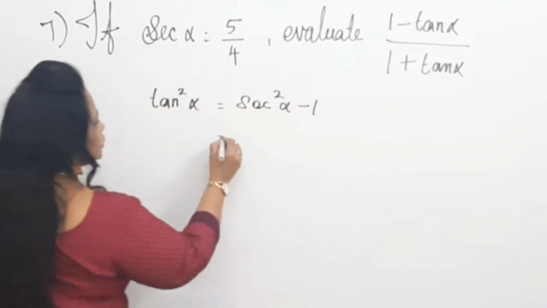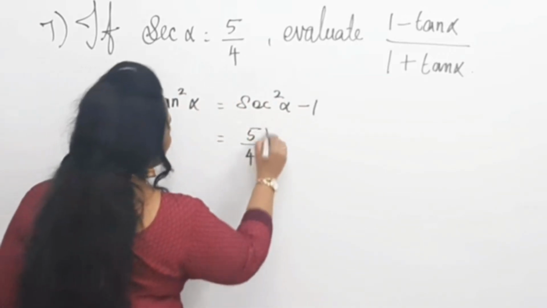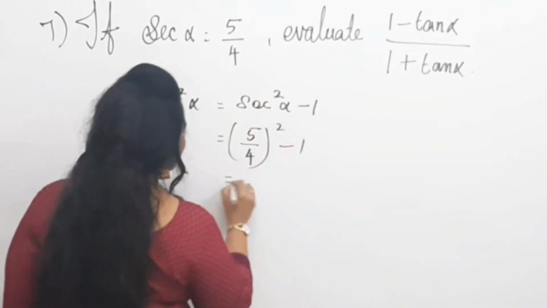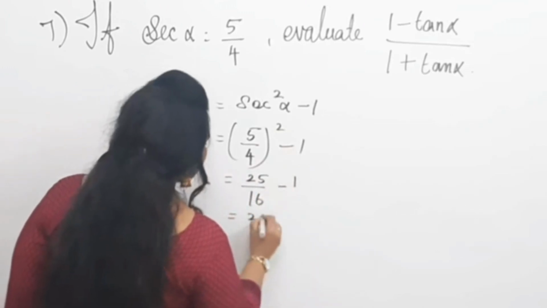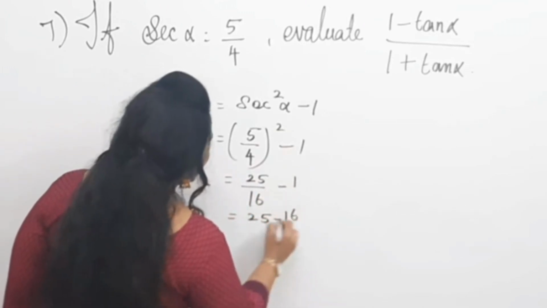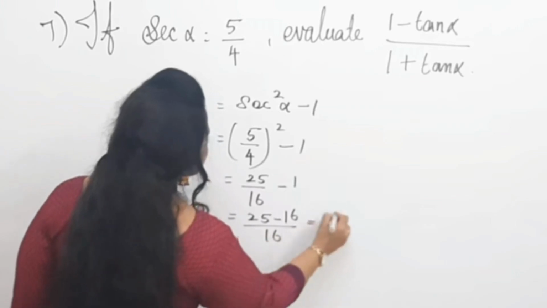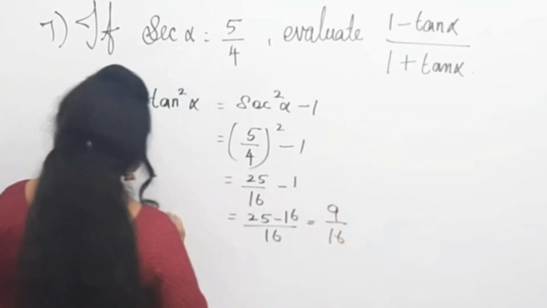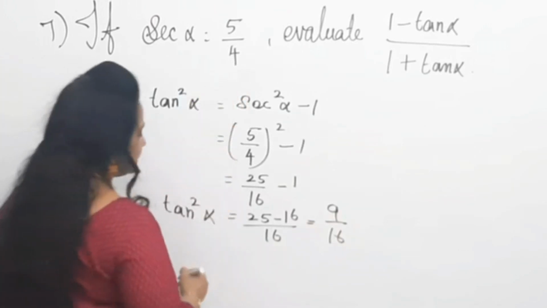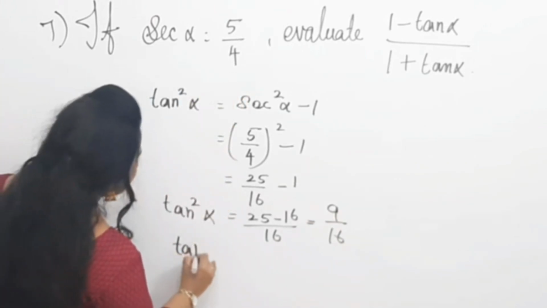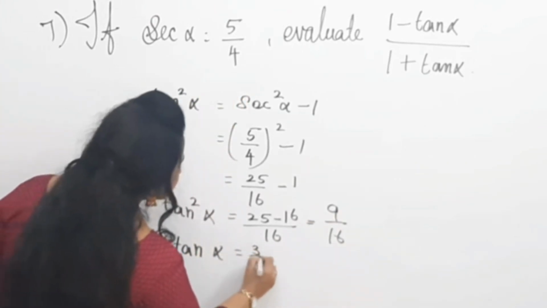So I am just substituting 5 by 4 the whole square minus 1, 25 by 16 minus 1, which is equal to 25 minus 16 divided by 16, that is 9 by 16, which is equal to tan square alpha. I want tan alpha. So my tan alpha is equal to just 3 by 4.